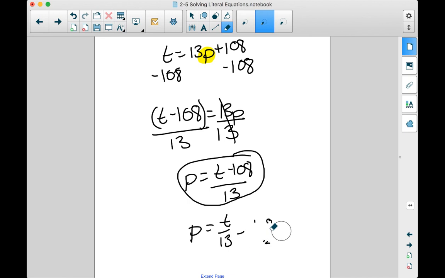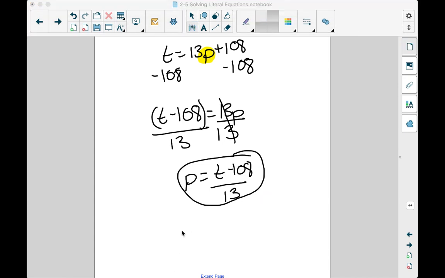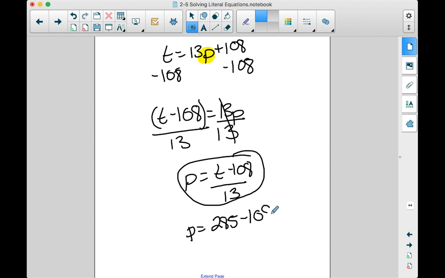So if I need 285 minutes, I would substitute in that 285 for my time. So I would do p equals 285 minus 108 divided by 13. Because now I can really quickly see all of my numbers together.